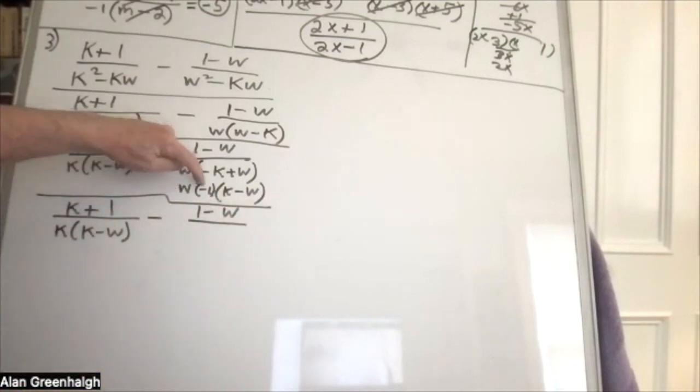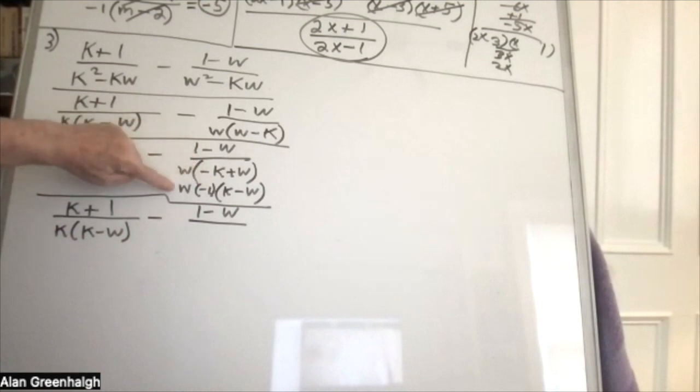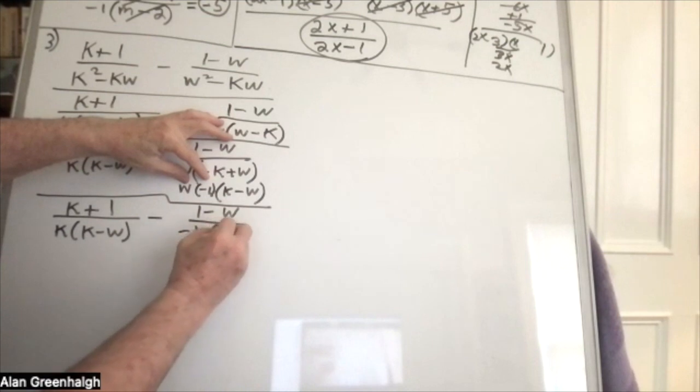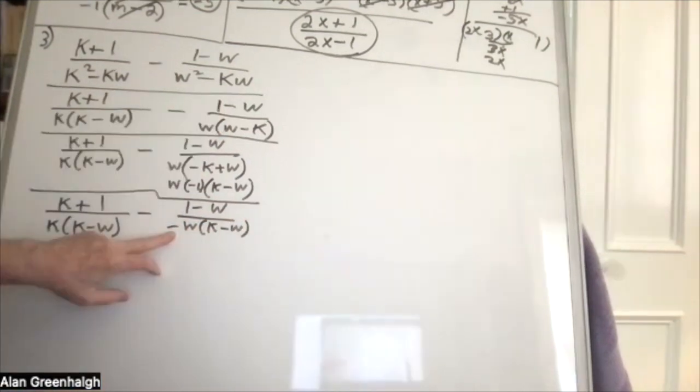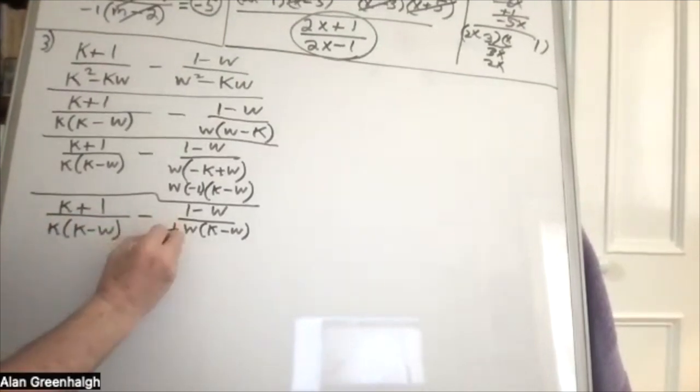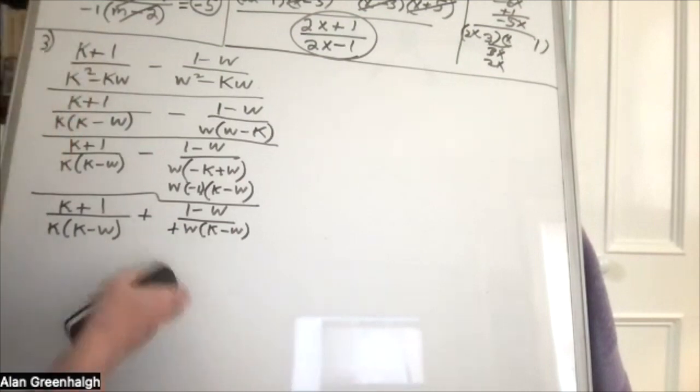Now, let's put that negative in front of the W. So I'm going to move these around and make this negative W times K minus W. Turn it into a positive. The negative and the negative make that a positive. See? And then we could just simply remove that. And now the problem looks pretty normal.